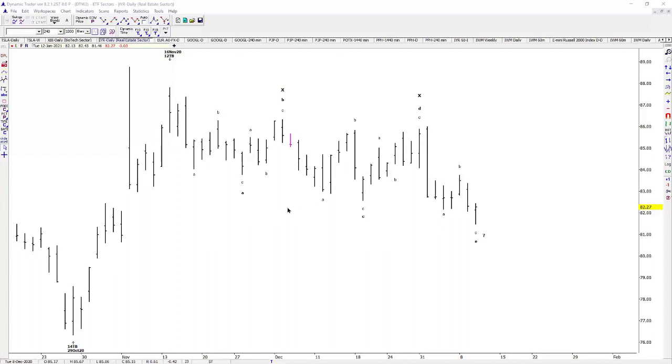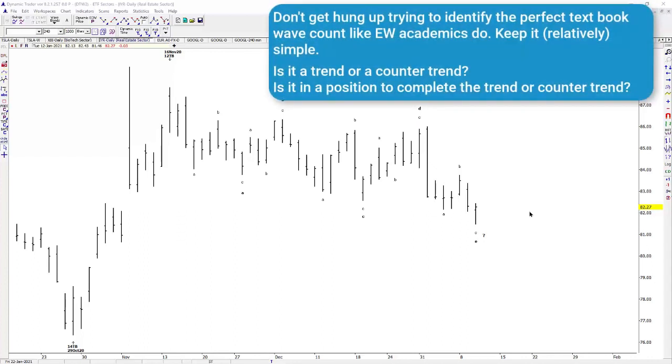So there's a couple possible Elliott wave counts here. They both basically tell us the same thing. Could be an A, B, C, A, B, C, B, and then C, D, and E. The second most common type of correction is A, B, C, D, E. It could also be A, B, C, X, A, B, C, X, A, B, C, a series of ABCs separated by X waves. Well, I'll let the Elliott wave academics argue which is the better wave count.